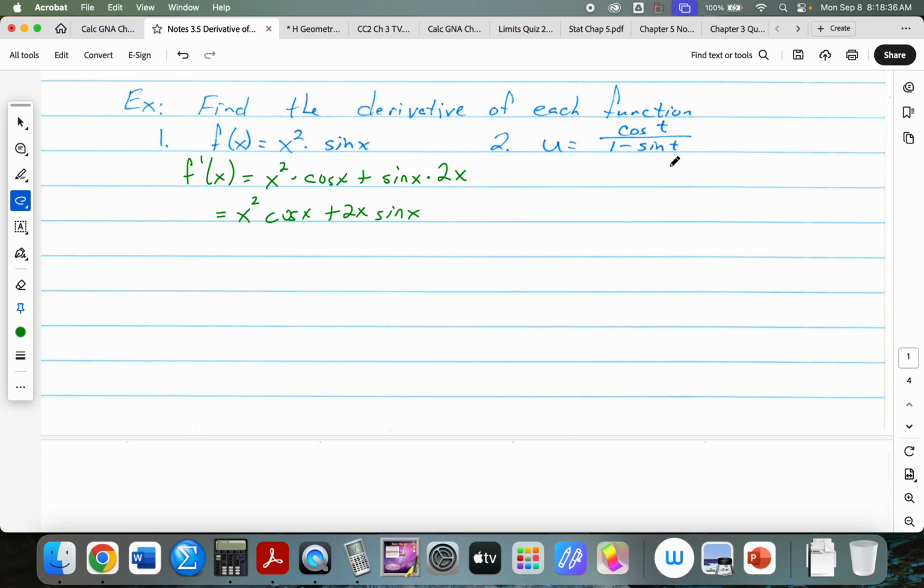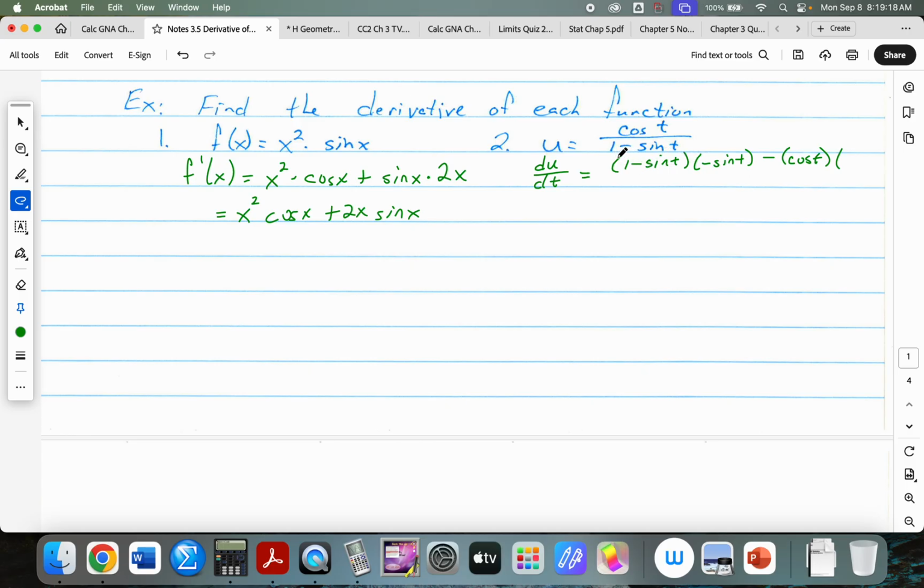We can also use the quotient rule for ideas like this one. I've got u as cosine of t over 1 minus sine t, so du dt, the derivative of u with respect to the variable t, is going to be the denominator, 1 minus sine of t, times the derivative of the numerator, the derivative of cosine of t being negative sine of t, minus the numerator, cosine t, times the derivative of the denominator.